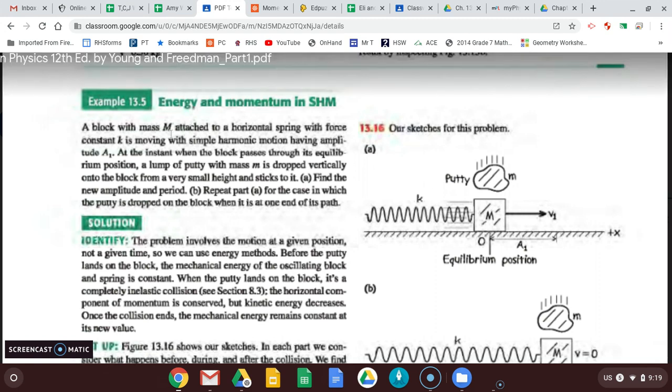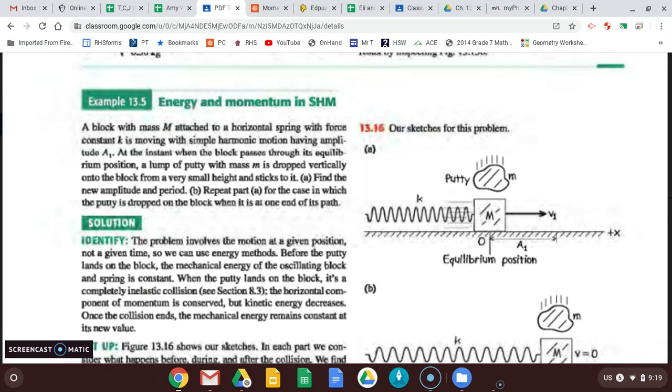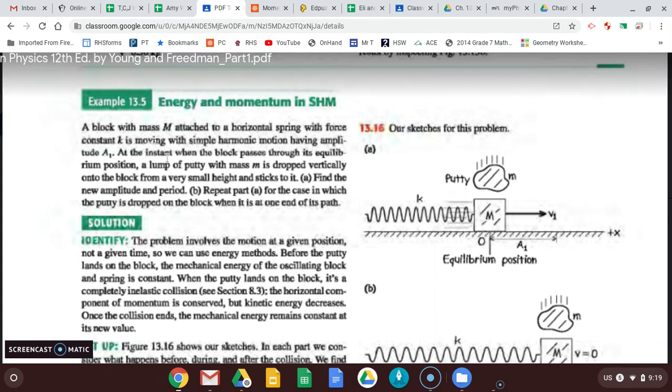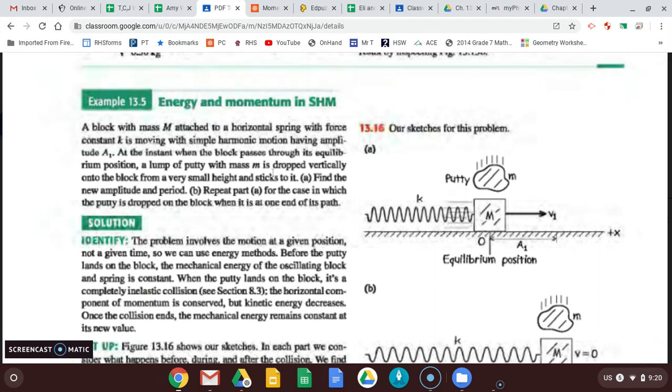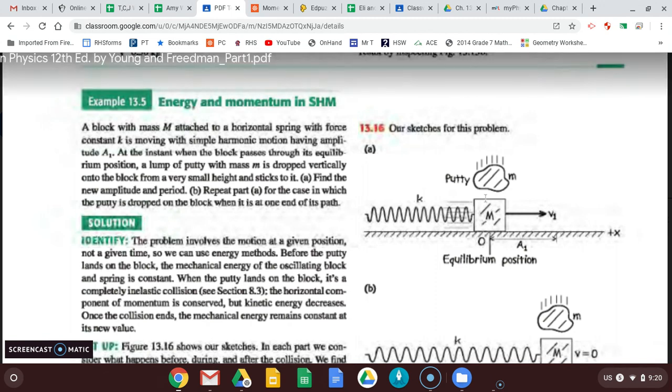And of course, we don't have any numbers, so we have to find it in terms of some of the original values here. And by the way, we're only going to complete part A. Part B just says repeat this same idea for a slightly different situation. I don't think there's need to do that. So we're just going to worry about part A, find the new amplitude and period from the described situation.